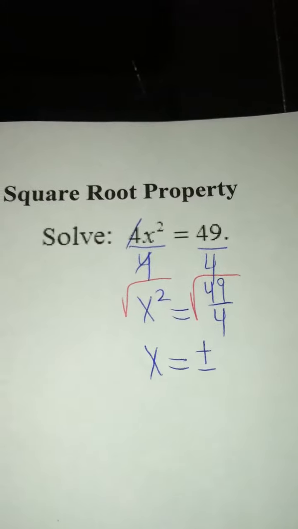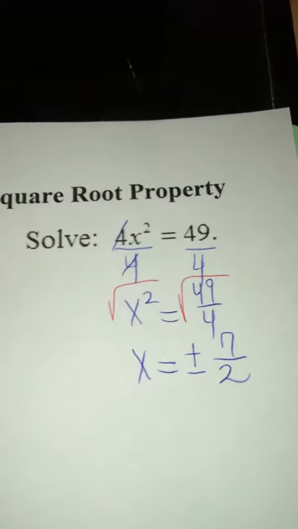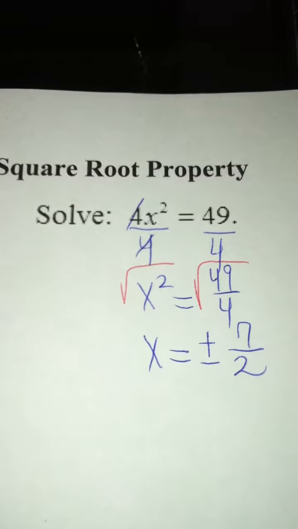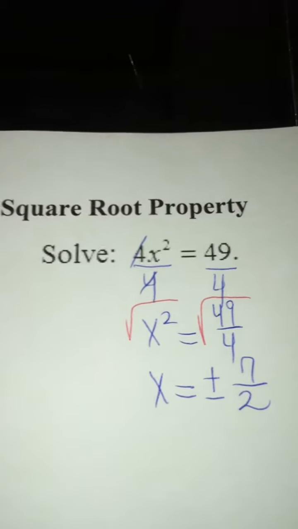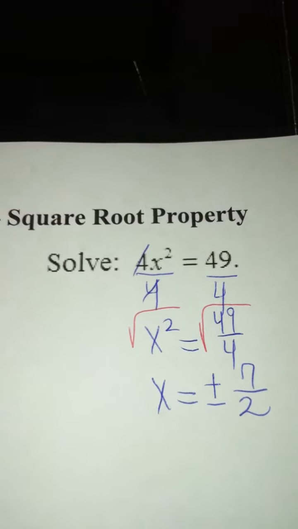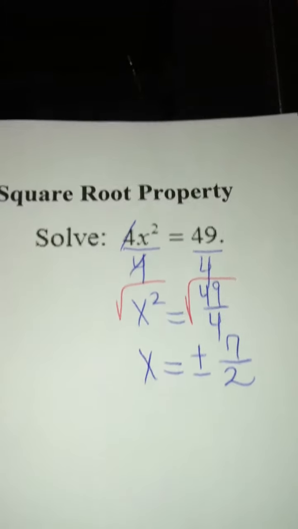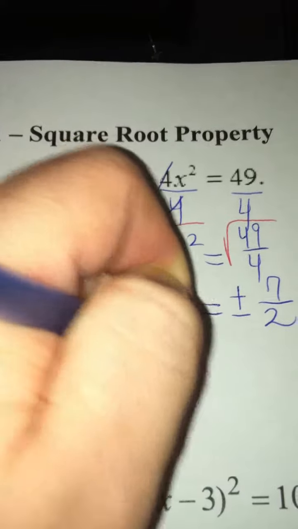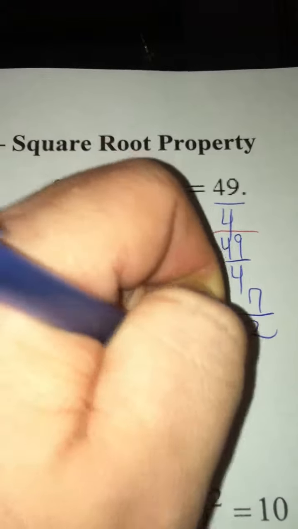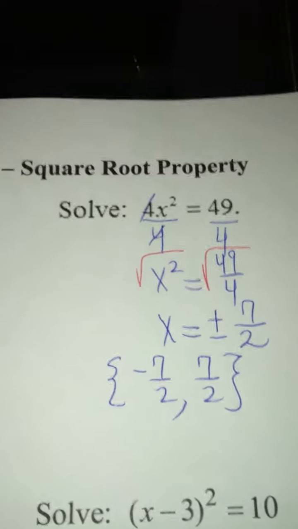And the square root of 49 is 7, and the square root of 4 is 2. Write your answer in two separate ways. You can write it like this, or you can write it separately as negative 7 over 2 and positive 7 over 2 as a solution set.